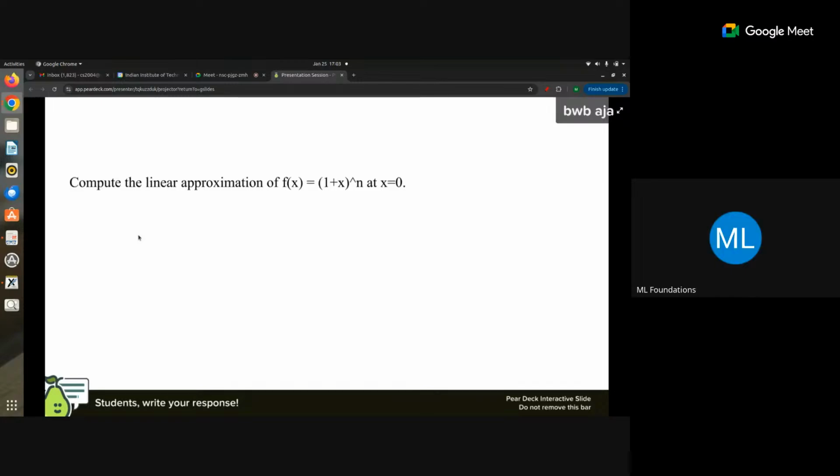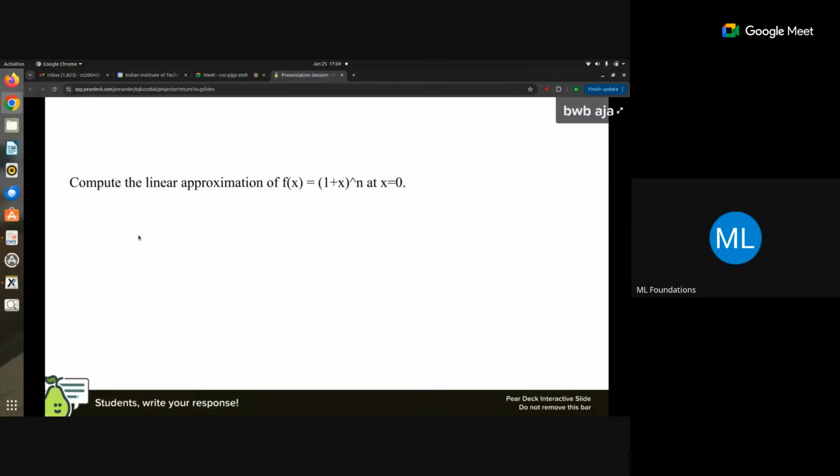Yes. Now, I have already shown you how to find it out. Now you find it out for this. Compute the linear approximation of f of x, which is 1 plus x to the power n, around x equals 0. So this is wrong. It shouldn't be at x equals 0.